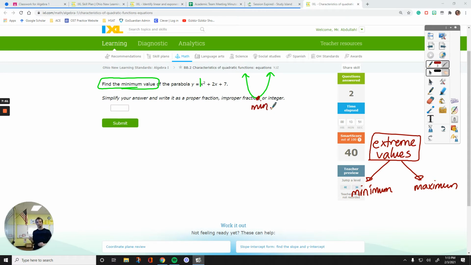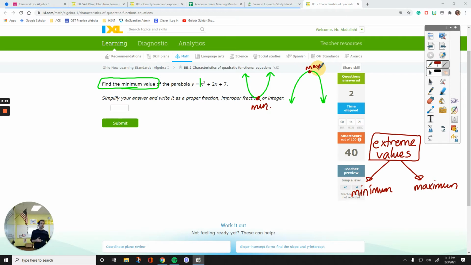But if they don't want to tell you the specifics about that point, they can just use the word extreme, extreme point or extreme value, so that you need to figure out whether you have a minimum or maximum. But if the graph looks like this, it's not going to have a minimum value. It's going to have a maximum value at the top over here. But then again, both of these points in general are called extreme points.